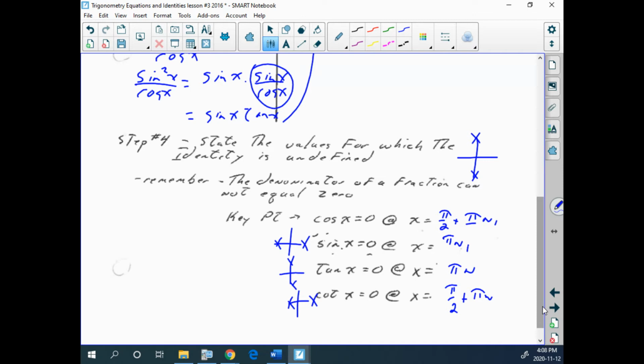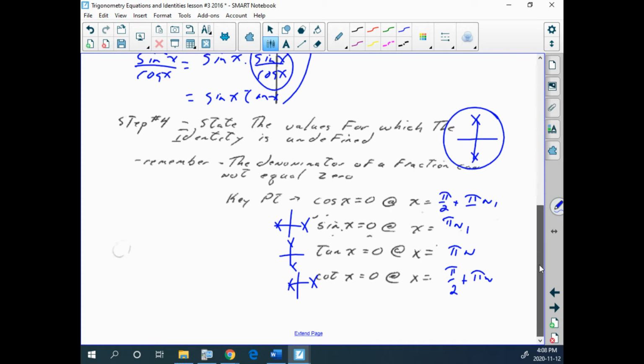Now you don't have to memorize them. I have these things that I use. The other thing that you have to remember is, as I said, there are some non-permissible values for tangent, cotangent, secant, and cosecant.